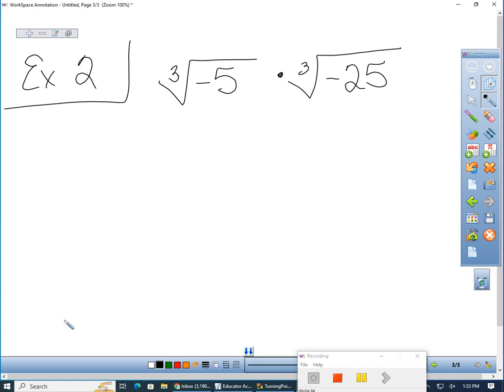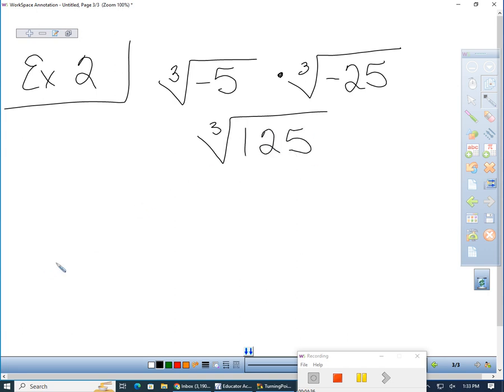What do we really have to do first anyway? We multiply the outside, so we get 1. Cube root of, yeah, negative 5 times negative 25 makes it positive, right? So we get a positive 125 in here. And the cube root of 125 is positive 5.